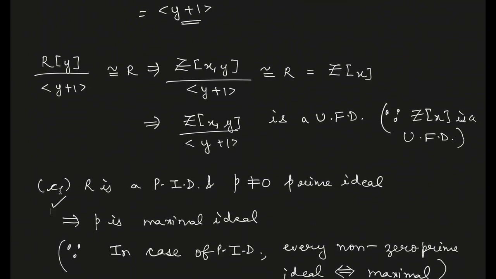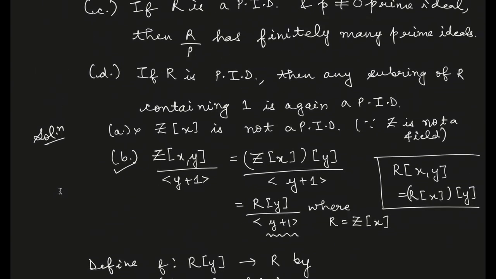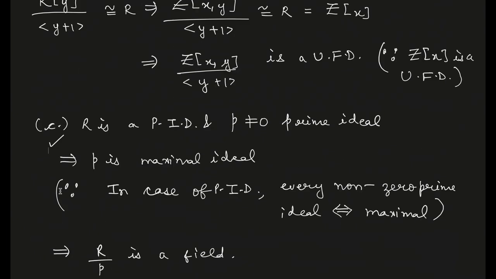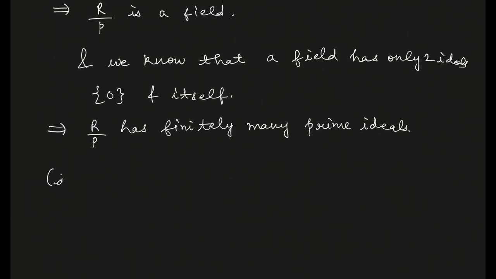Last option is: if R is a PID, then any subring of R containing 1 is again a PID. If I take ring R as R[x], this is a PID.